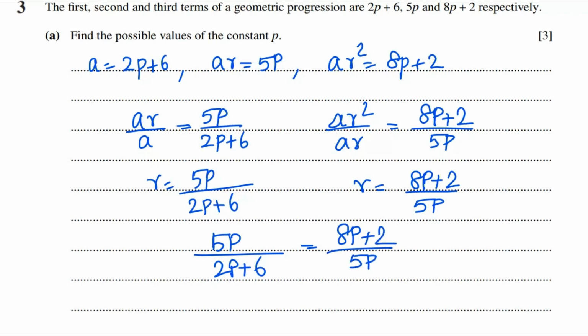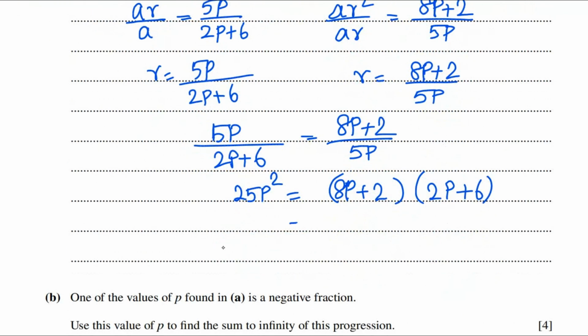Let's cross multiply this one. So we get 25p square equal to 8p plus 2 multiplied by 2p plus 6. Let's expand the bracket. 16p square plus 4p, plus 48p plus 12.